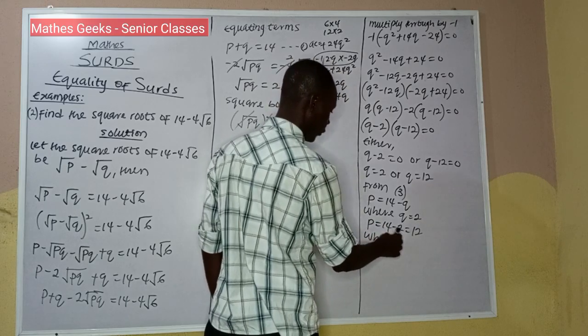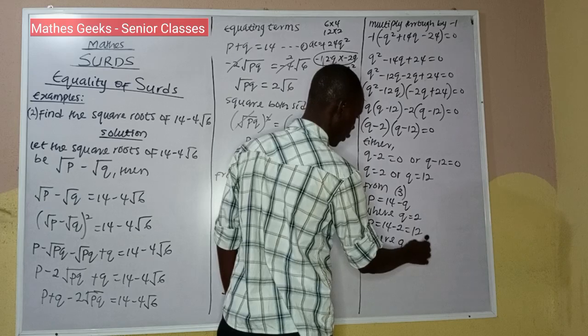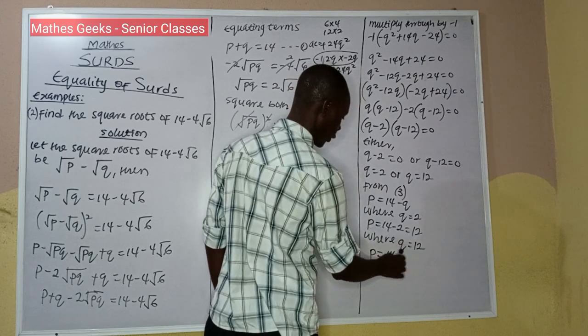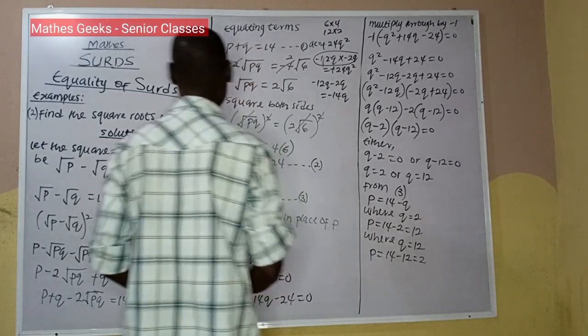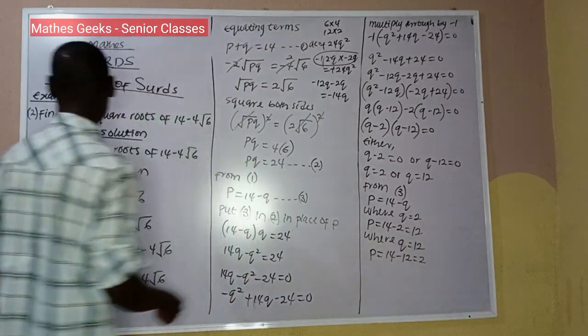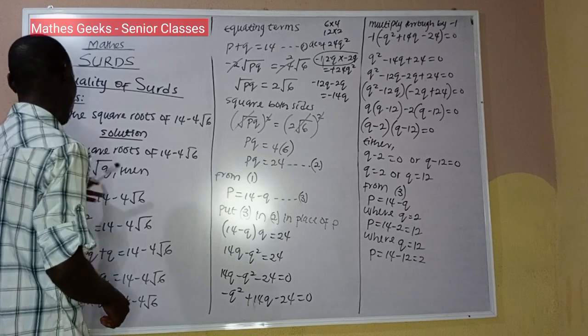And where Q is equal to 12, P is equal to 14 minus 12, which is equal to 2. So this tells us that if P is 2, then Q will be 12, and if P is 12, Q will be 2.